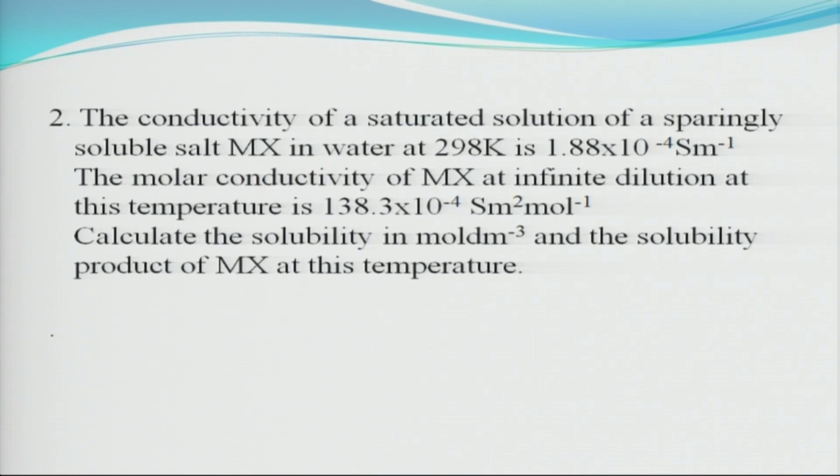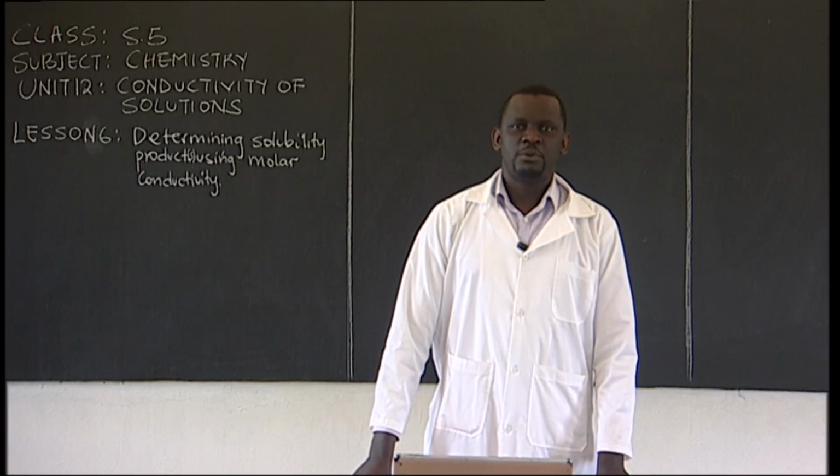As we've said, today we are going to use molar conductivity to determine the solubility products. We are going to look at examples, but before we do, let's go back to our definition of solubility product.